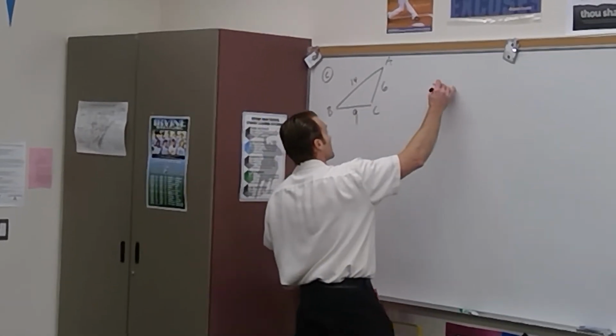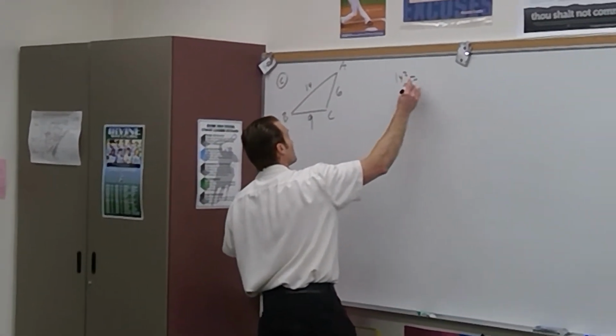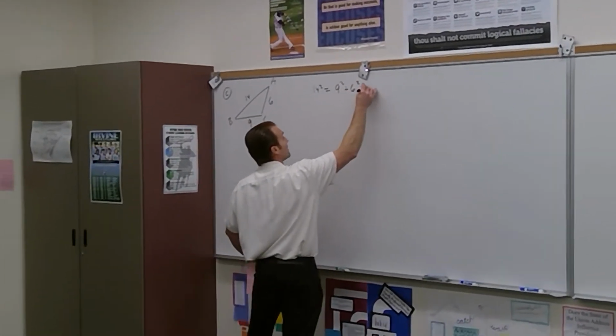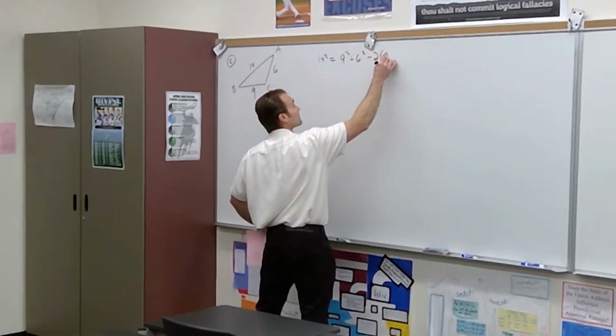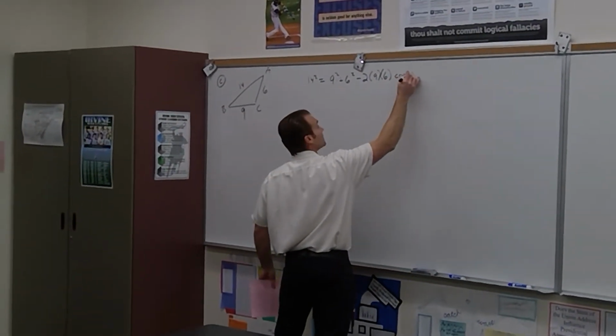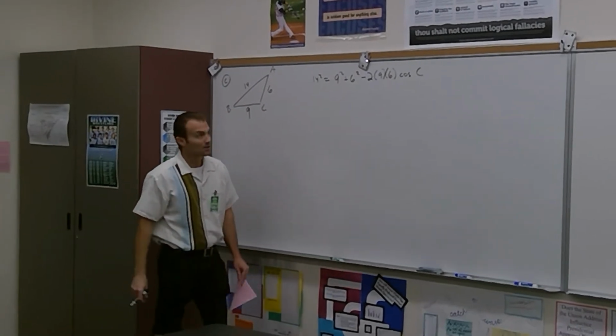So I'm going to say that 14 squared equals the sum of the square of the other two sides minus 2 times the product times cosine of my angle, in this case angle C. Solving that.